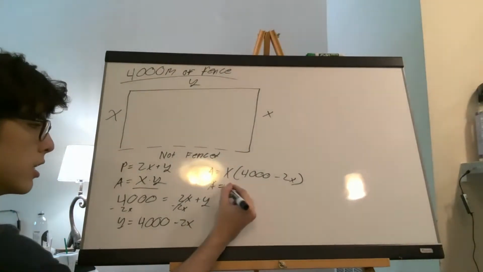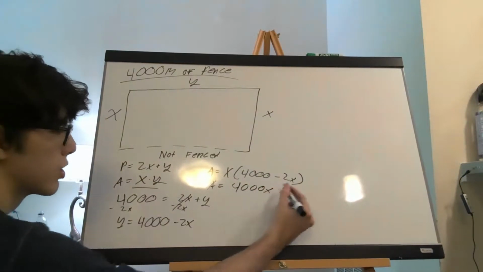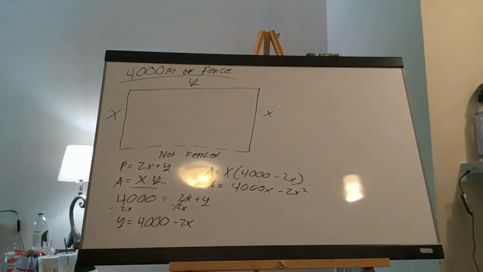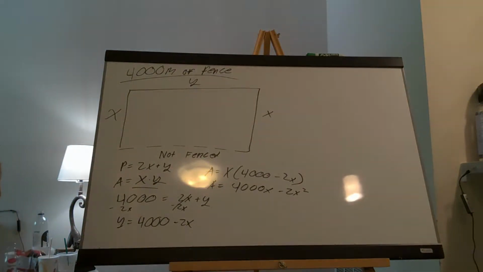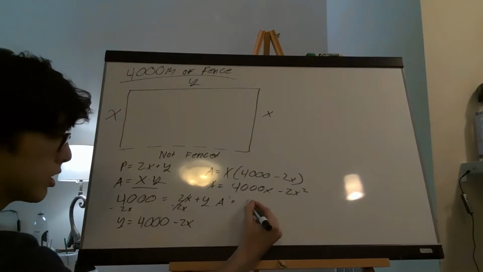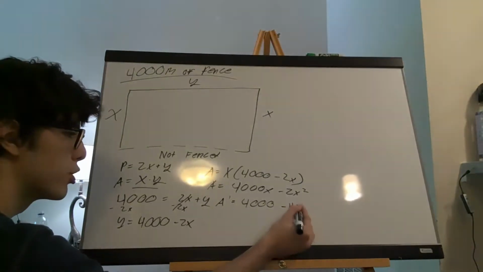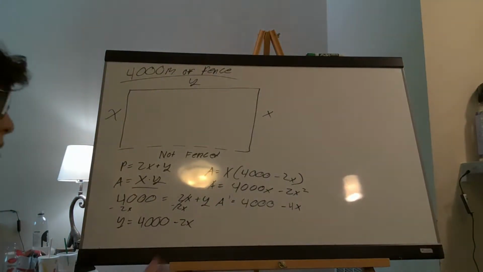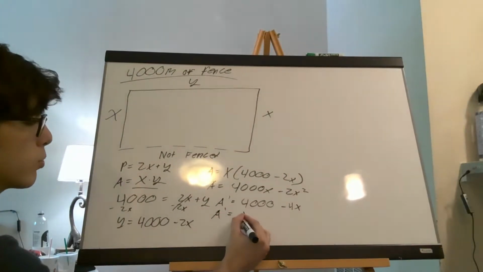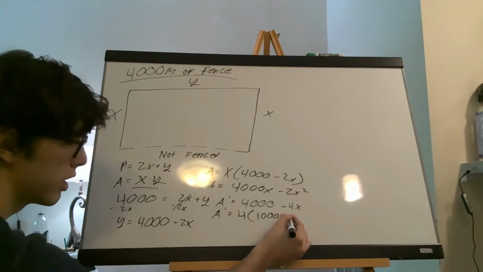We get A equals 4,000x minus 2x squared. A prime equals 4,000 minus 4x. I'm sure you're all confused right now on what I'm doing, but I'm getting there. A prime equals 4 times 1,000 minus x.